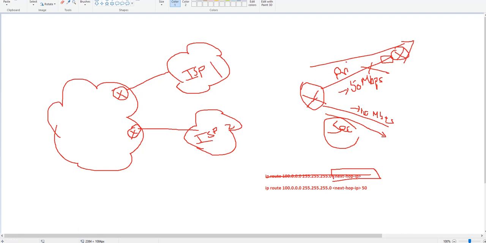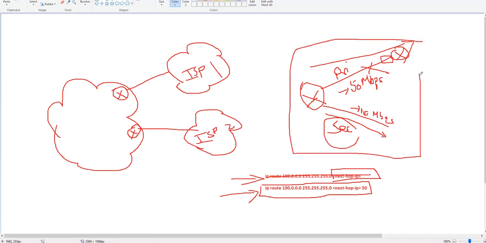Automatically, your router will take the other route as the best path, because the primary path is not available due to next hop reachability. So by doing this, you can achieve your purpose over this topology.